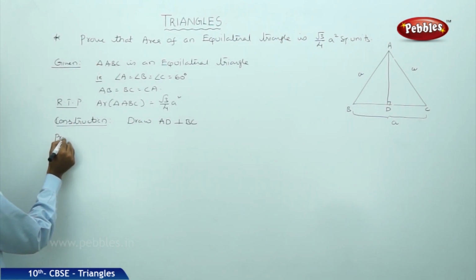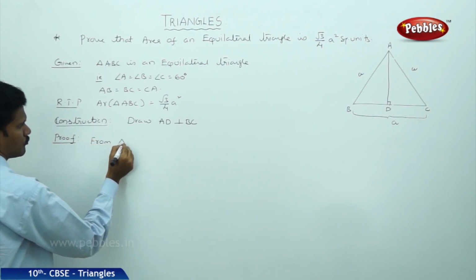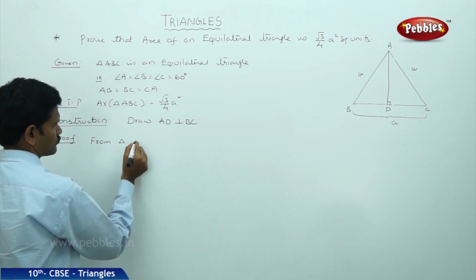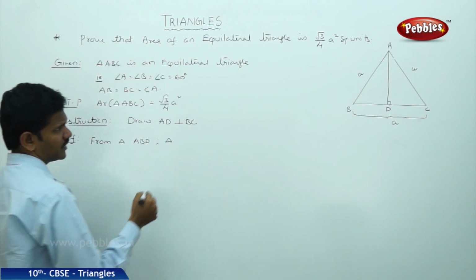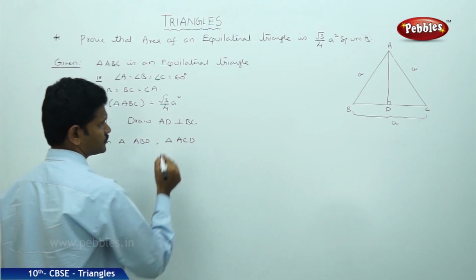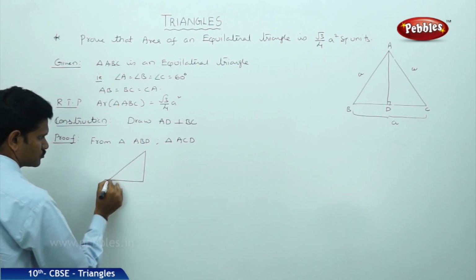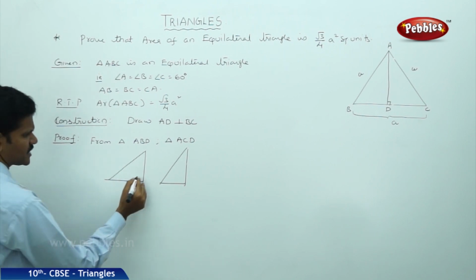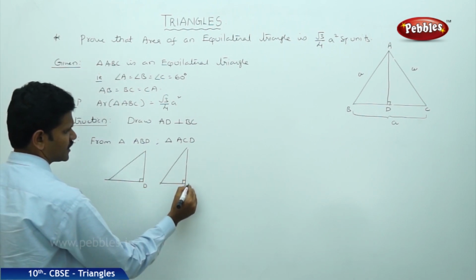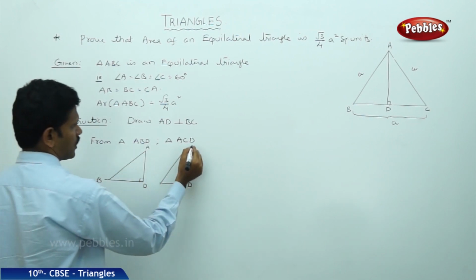Proof: from triangle ABD, from triangle ACD, let us take the two triangles, right angle is at D, AB and AC.